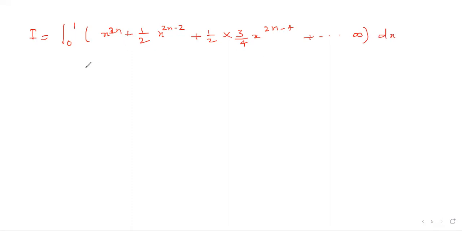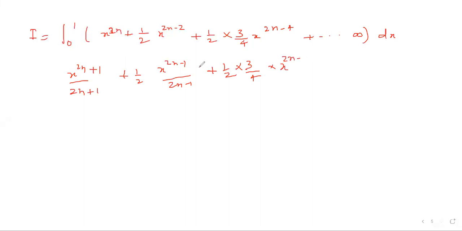Now, if we integrate it, this is a simple question, x power 2n, the power is increased by 1. So 2n plus 1 plus 1 by 2 x power 2n plus 2 upon 2n plus 2 plus 1 by 2 into 3 by 4 into x power 2n plus 4, here the power increased by 1.